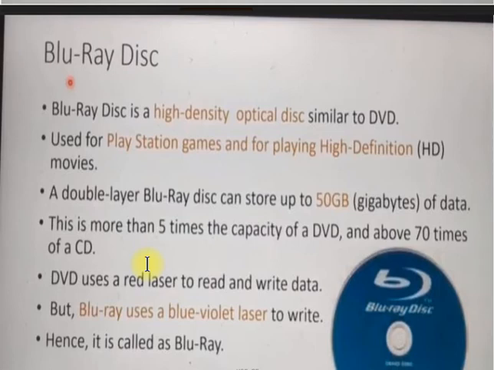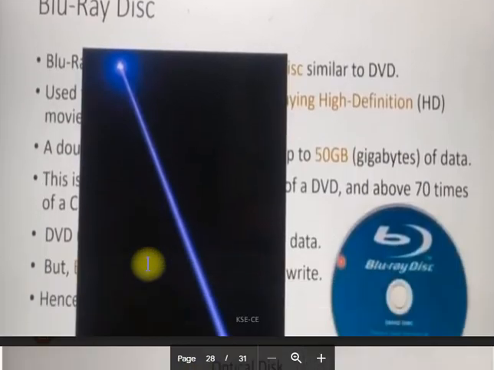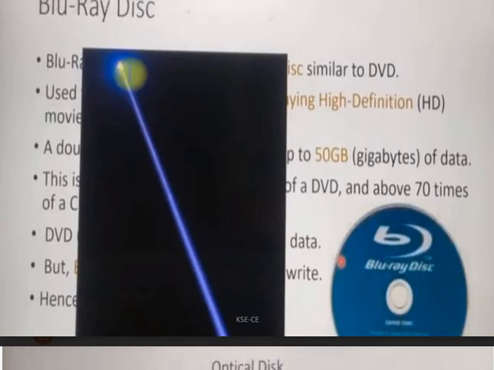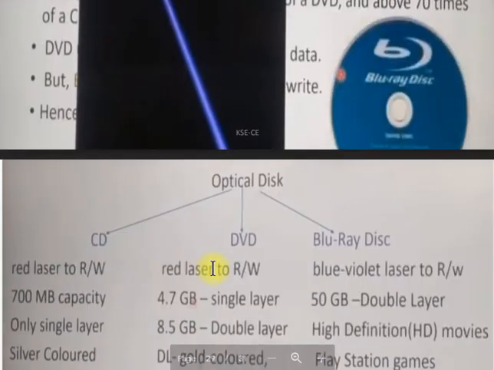Another thing is that DVD is divided into two categories, single layer and double layer, whereas Blu-ray disc is categorized only as double layer, meaning there are double layers of spiral for storing the data as lands and bits. So you can see that it is a reflected laser beam and the reflection color is blue.